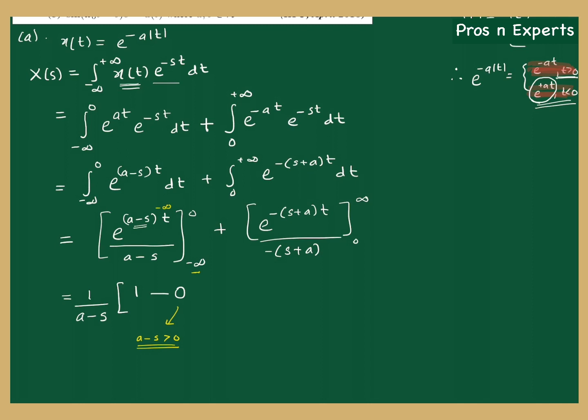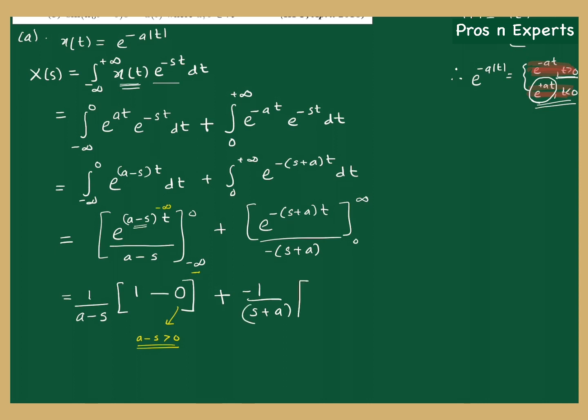Now if a minus s is positive, we can be sure that applying this lower limit results in 0. So e raised to some positive value into minus infinity results in e raised to minus infinity for sure, and that is 0. Hope you are clear with this. Plus, the next term, we can again apply the limits: 1 by s plus a.